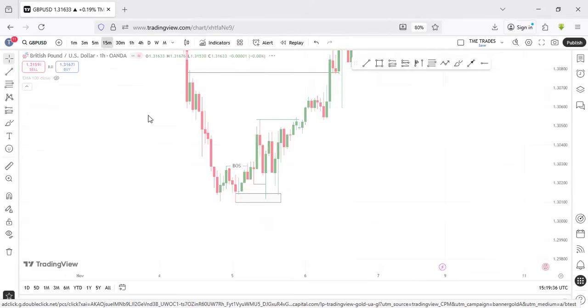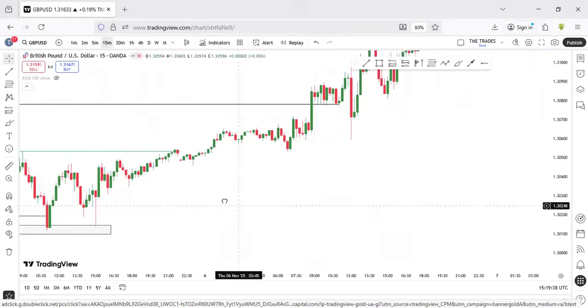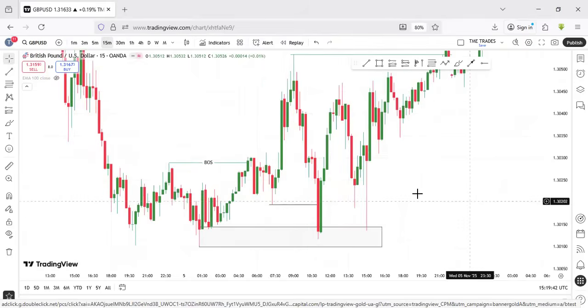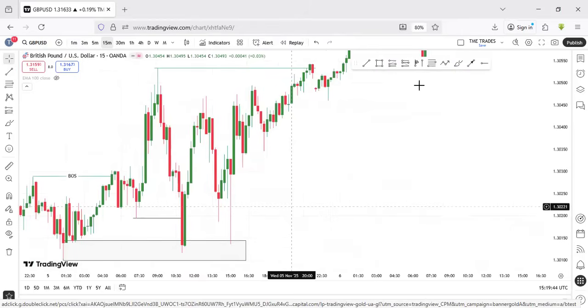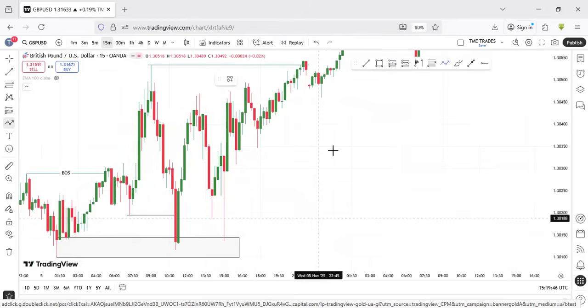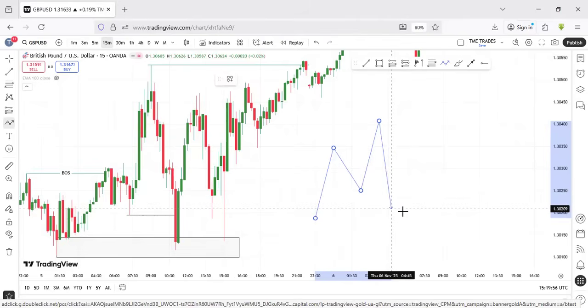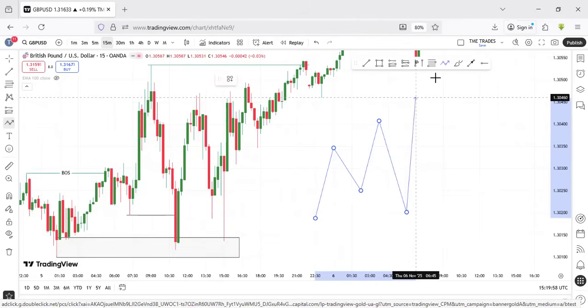Why? Let's go to 15 minutes. When we get to 15 minutes, we can see that the market structure defined itself. Now, if you have been on this channel for some time, I have always said this: whenever you see the market moving to the upside and the market creates a low, that low creates a new high without this low sweeping any liquidity, the market always comes to take out that low before continuation to the upside.